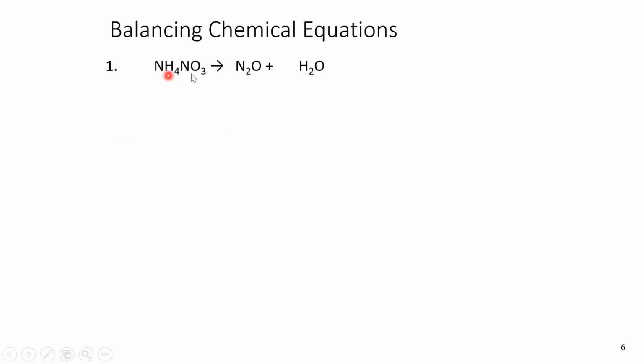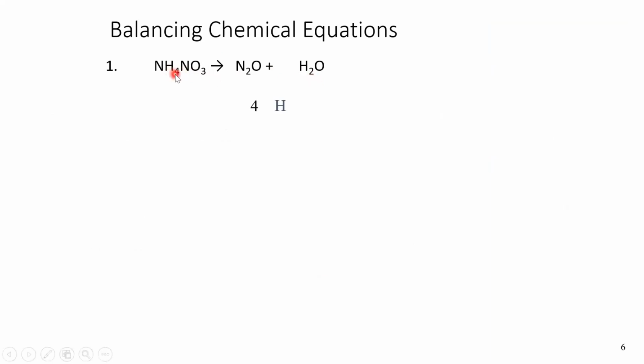Let's look at NH4NO3, so that's ammonium nitrate, producing dinitrogen monoxide and water. So we want to look at the nitrogens or hydrogens first. It doesn't really matter what order. Let's look at the hydrogens. Figure out how many hydrogens are on the reactant side and how many are on the product side.